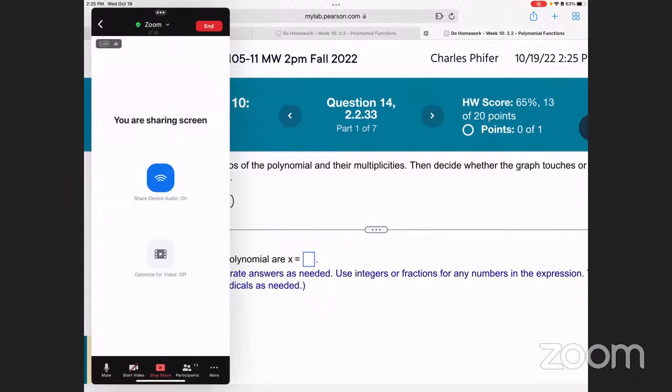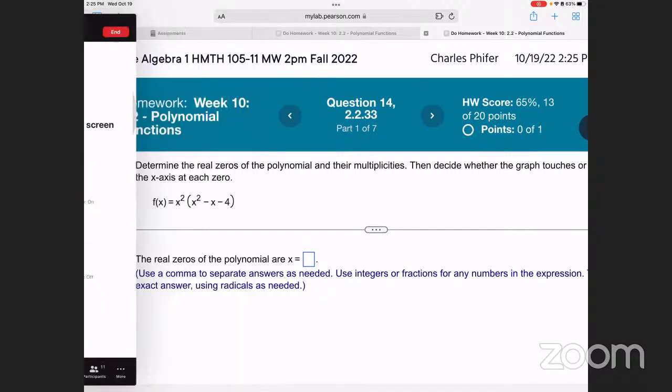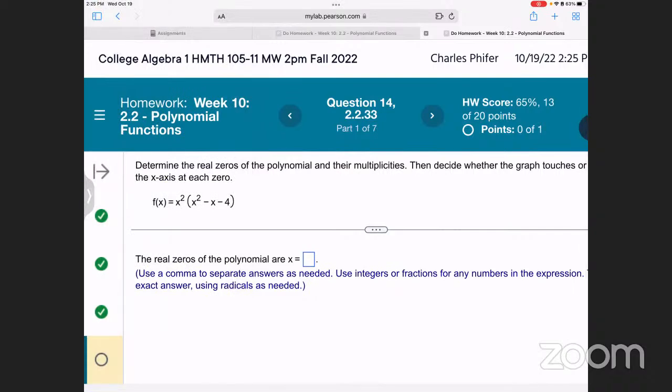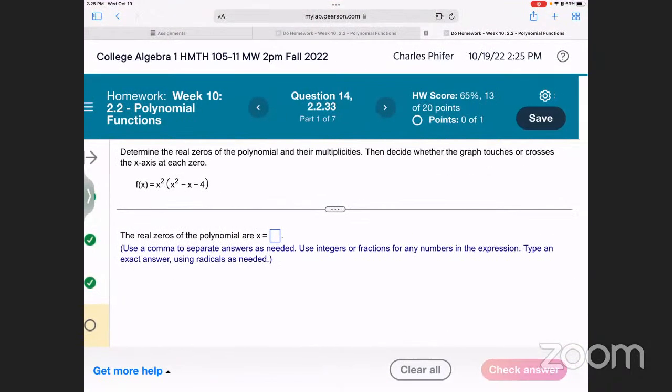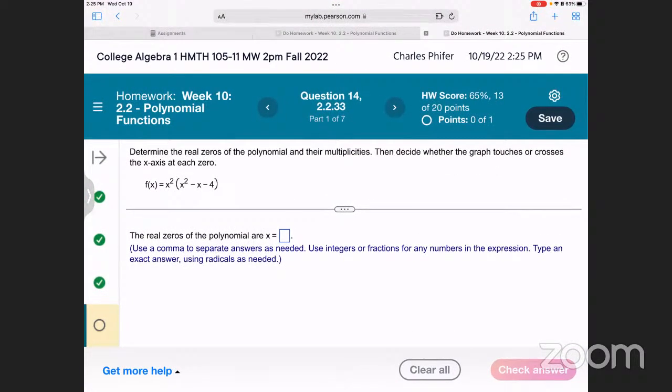Okay. So let me get a copy of this and take some notes here. Let me zoom in just a little bit.